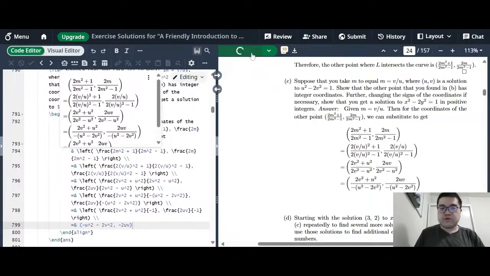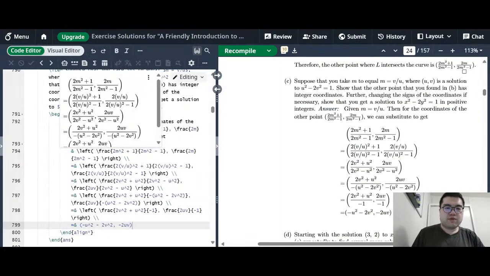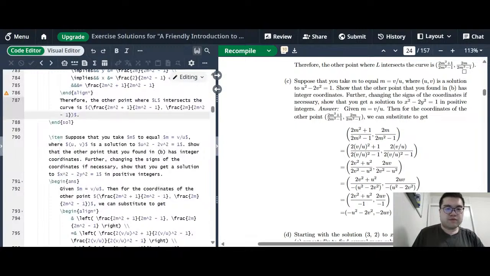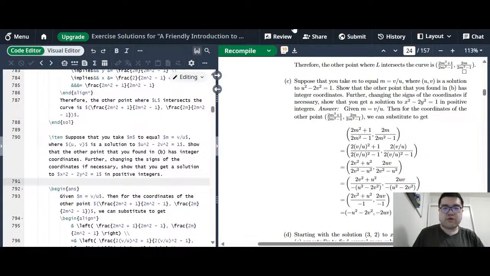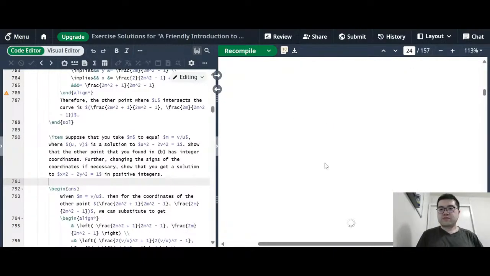Let's recompile it. See what we can get. I think we're missing something here. Oh, here. I need to press one more. That's why it looks kind of a mess here. It's all crammed up between the problem and the answer. Let's recompile it.